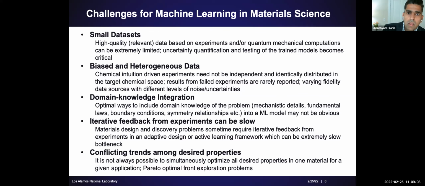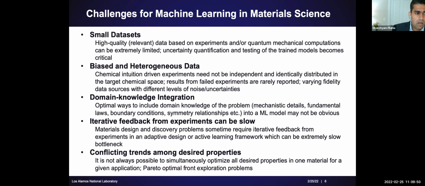On the other hand, here in material science, if you're not looking at specific problems like potential fitting or image recognition, you are typically operating in data scarce settings, and high quality relevant data either from experiments or first principles simulations is usually very, very limited. And in such situations, it becomes extremely important to not only make predictions, but also quantify your confidence in those predictions. And so uncertainty quantification is important and critical.